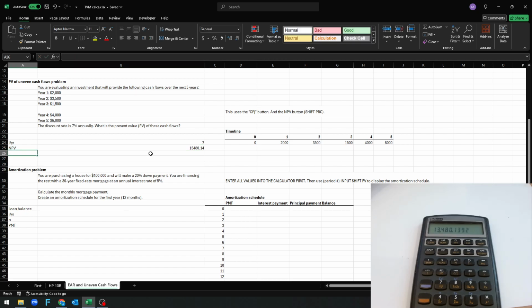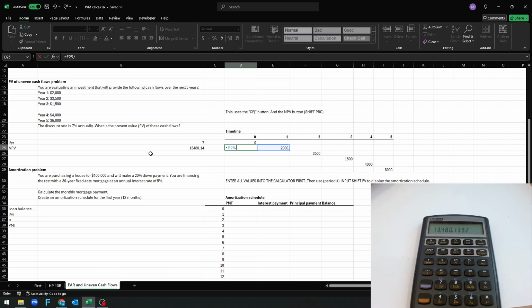We can test this in Excel. Well, another way to do it, we could test it manually. Divided by 1 plus 0.07, or this divided by 100.